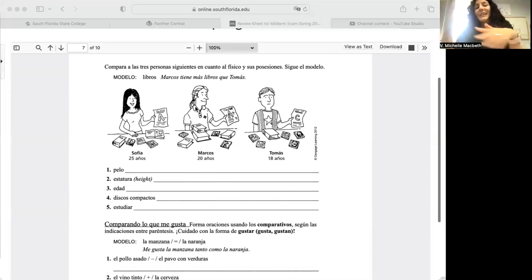One has a larger nose than some of the others, so we have some things we can compare. We also have the amount of CDs. Sofía has 3 CDs, he's got 3 CDs, and this guy's got 5 CDs.